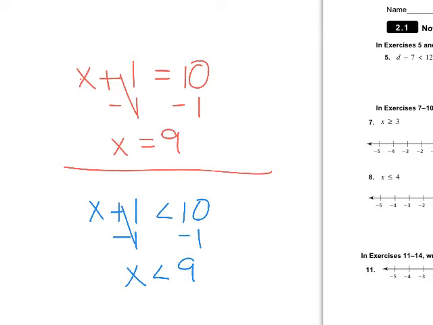I could use 8. I could use 0. I could use negative 50. I could use negative 500 million. I could use 8.9999999999. No, I'm just kidding.